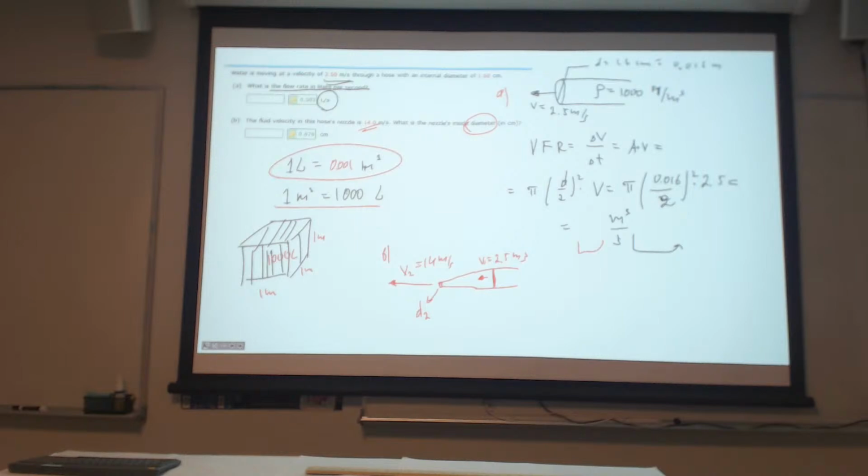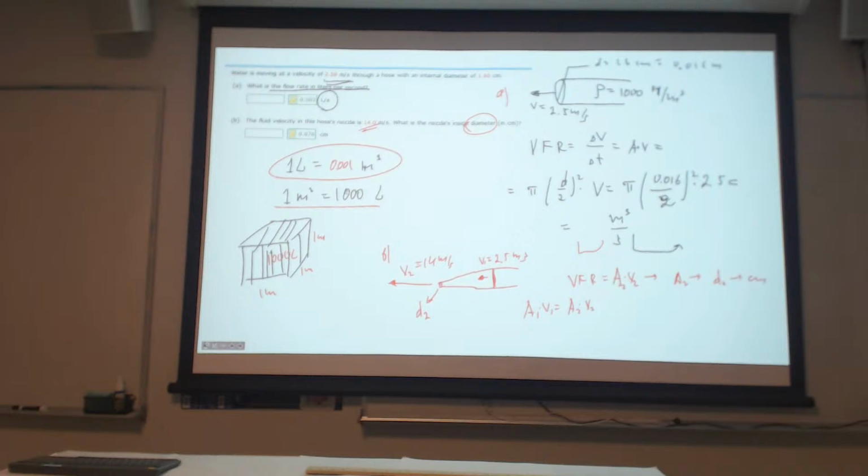This number, which you get from part A, is equal to this product, area number two times speed number two. You can calculate the area, and then you can calculate the diameter and convert it into centimeters. But what I would do, I would say from the beginning again that the continuity equation tells us this product must be equal to each other.